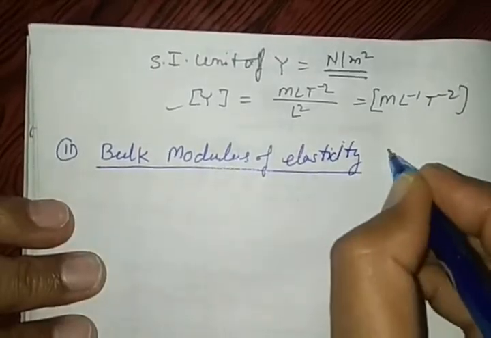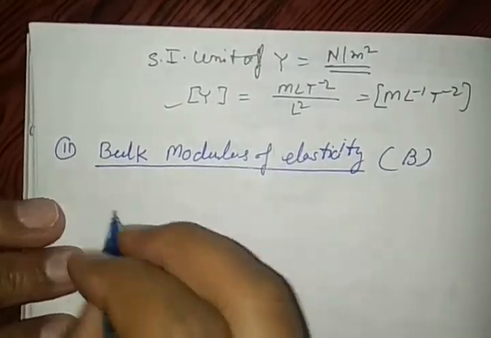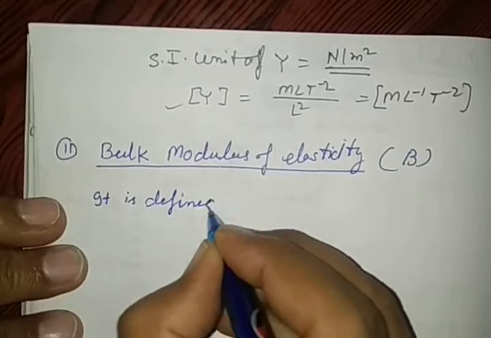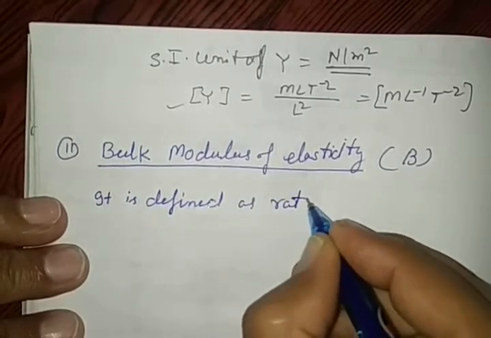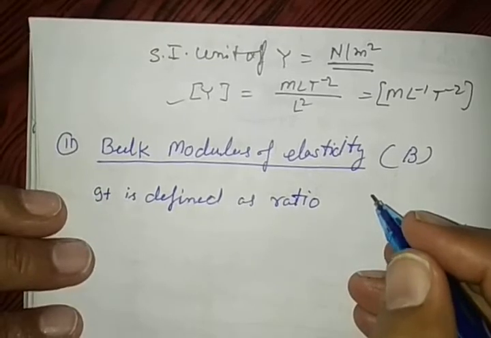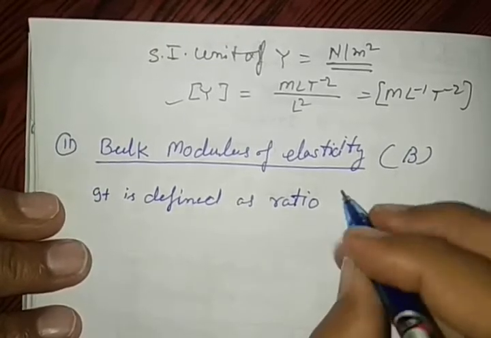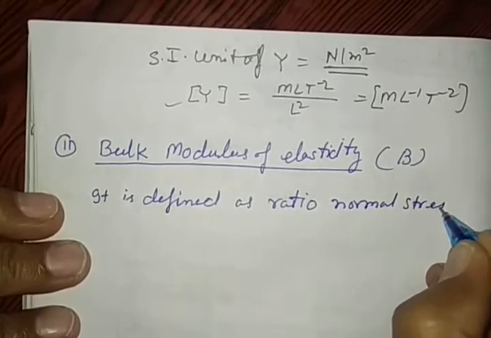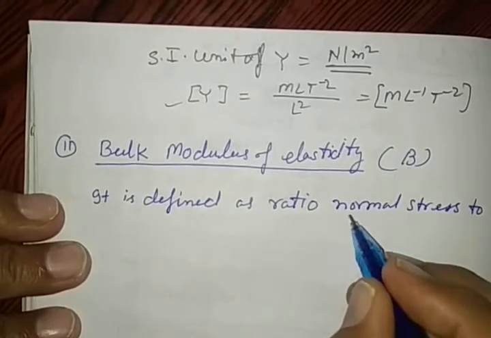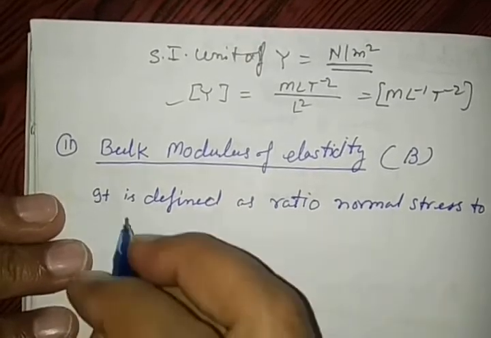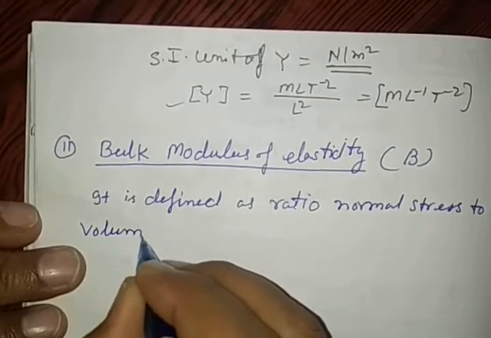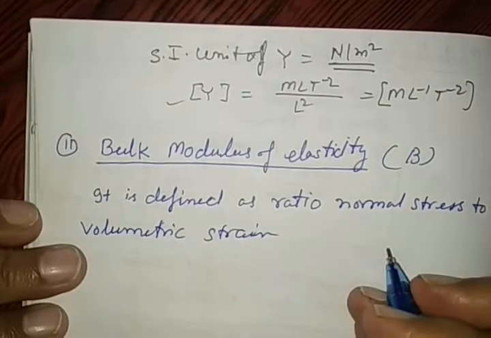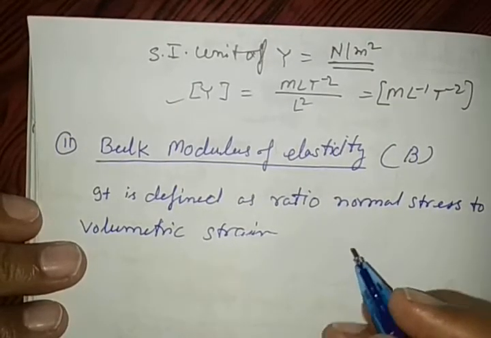This bulk modulus of elasticity is denoted by B, and it is defined as a ratio, same as the previous case, in which the stress we keep the same, normal stress. In place of normal or longitudinal strain, we use volumetric strain within limit of elasticity.